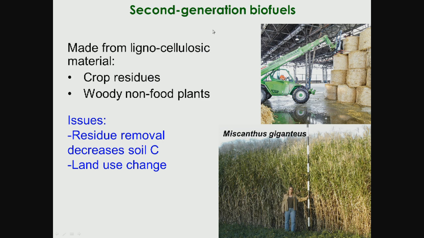But there are some issues here as well in terms of use of residues, as I've already mentioned. This is over time removing carbon from soil, and again we have issues of land use change.